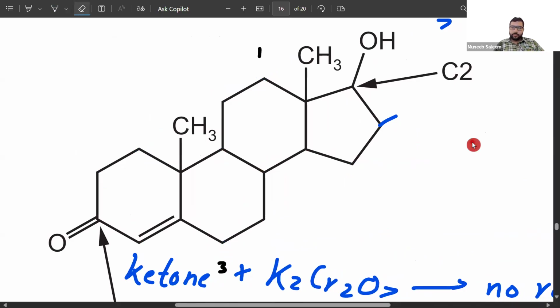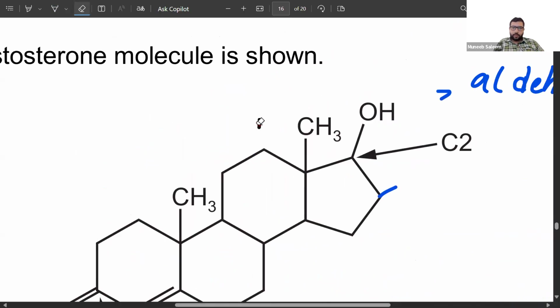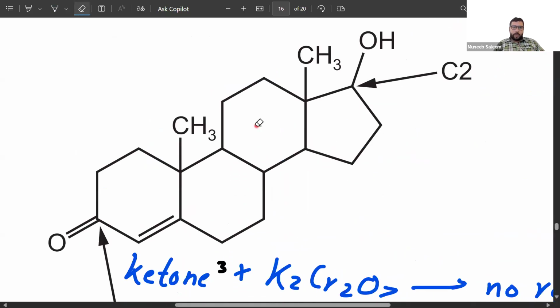All right, now here we need to find all those carbons which are bonded with 4 different groups. So here we have them. This is a chiral carbon because it is bonded with 4 different groups. This is one group, this is another group, this is another group, and this one has a hydrogen as well.